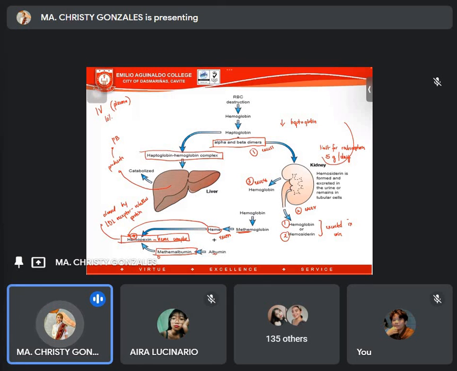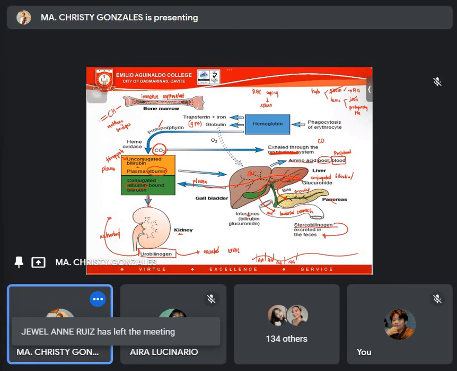Basically, as much as possible, we don't want your hemoglobin or its components to be excreted out of our system. As much as possible, it should be recycled back to the circulation, whether intra or extravascular. So that's it. Do you have any other question? Any other clarification?